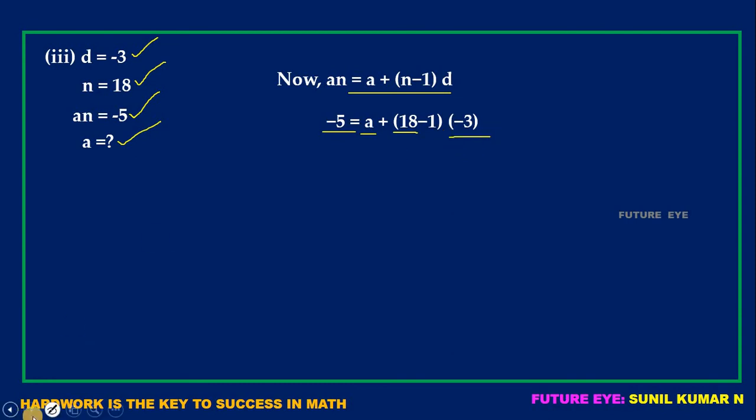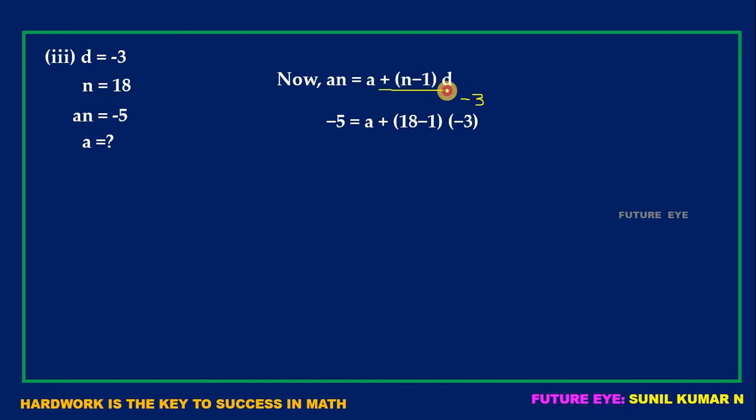And be careful here, children. D value is in negative form. Hence, when you are writing here, better you write it in brackets. Otherwise, you will be in confusion. If you write only minus 3, you may transfer this minus 3 to the left side.